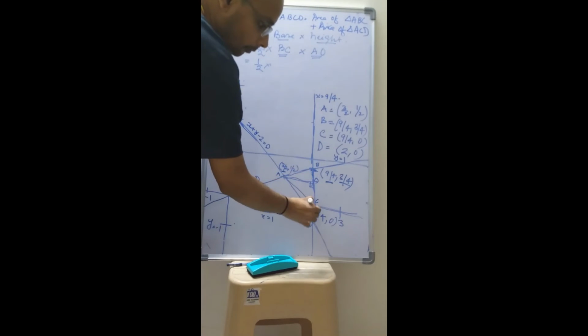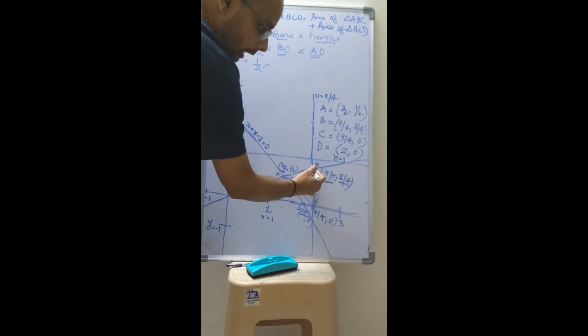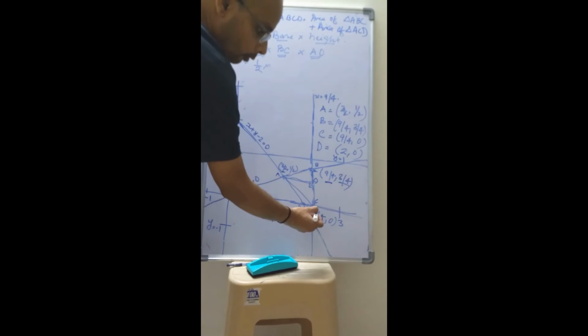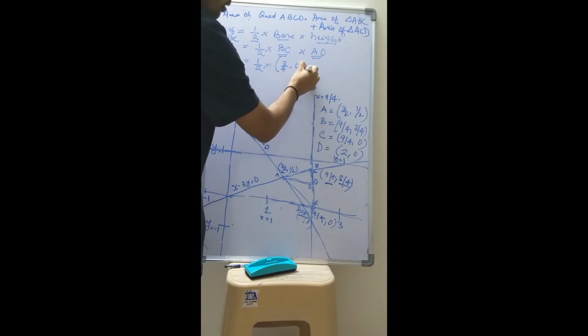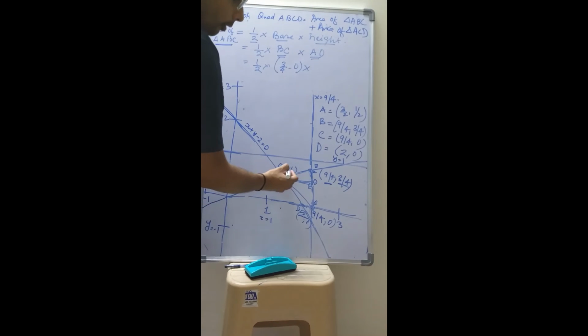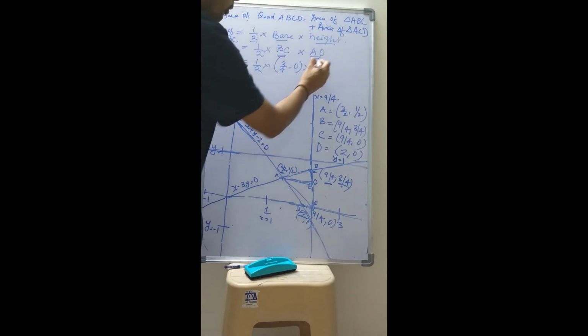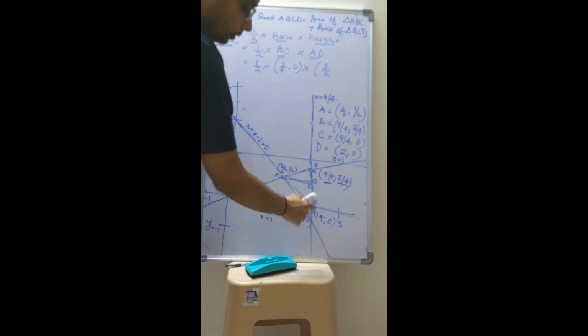What is the value of BC? At point B, y is 3 by 4, and at point C, y is 0. So this becomes 3 by 4 minus 0. What is the length of AO? At A, your x was 3 by 2, and at O, the x is 9 by 4.